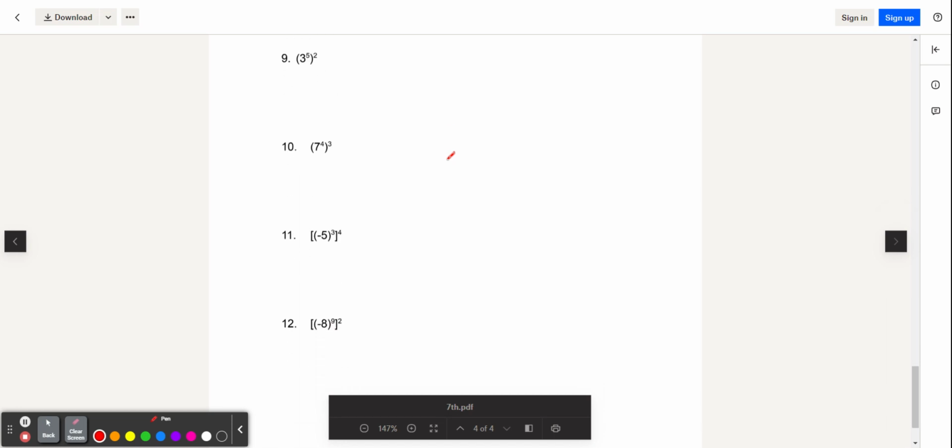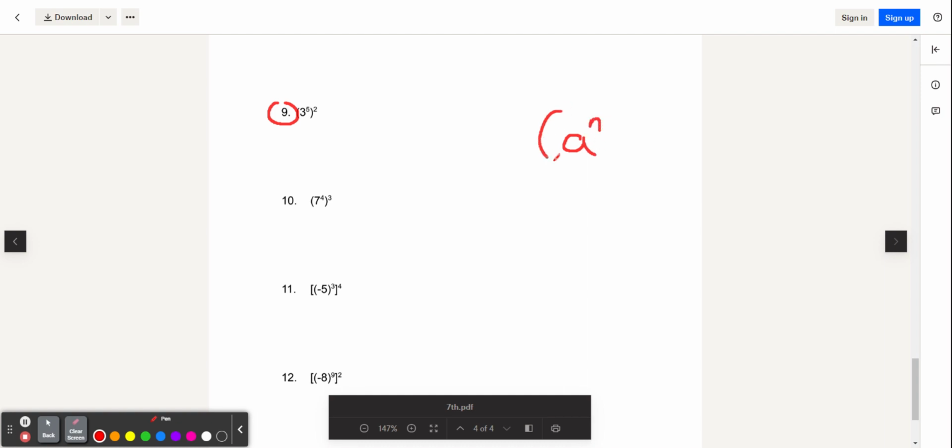Now, starting from 9, we have a second exponent rule, which is exponents to an exponent. When we have a to the n, in parentheses, and the parentheses is raised to another exponent m, it simplifies to a, the base is the same, and the exponent n times m.